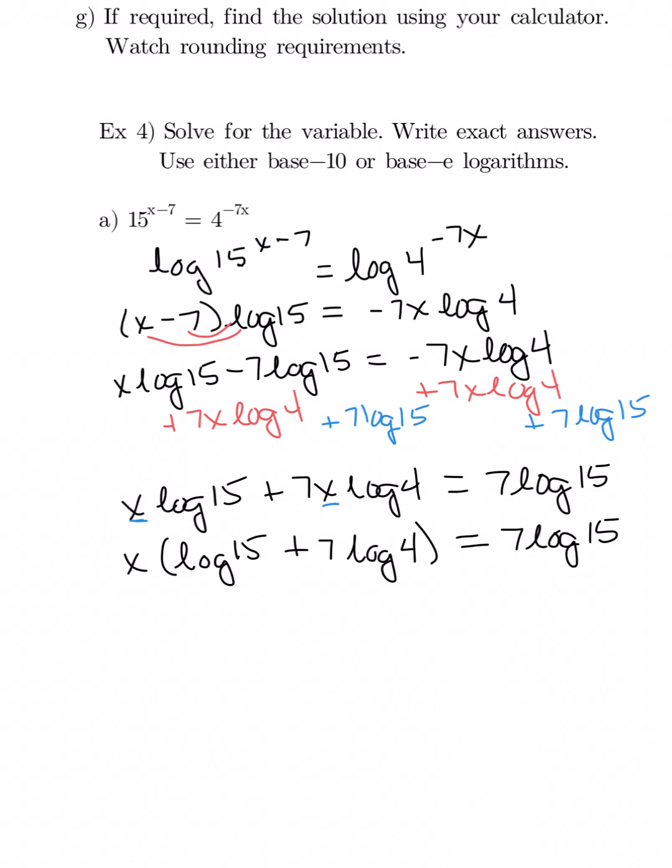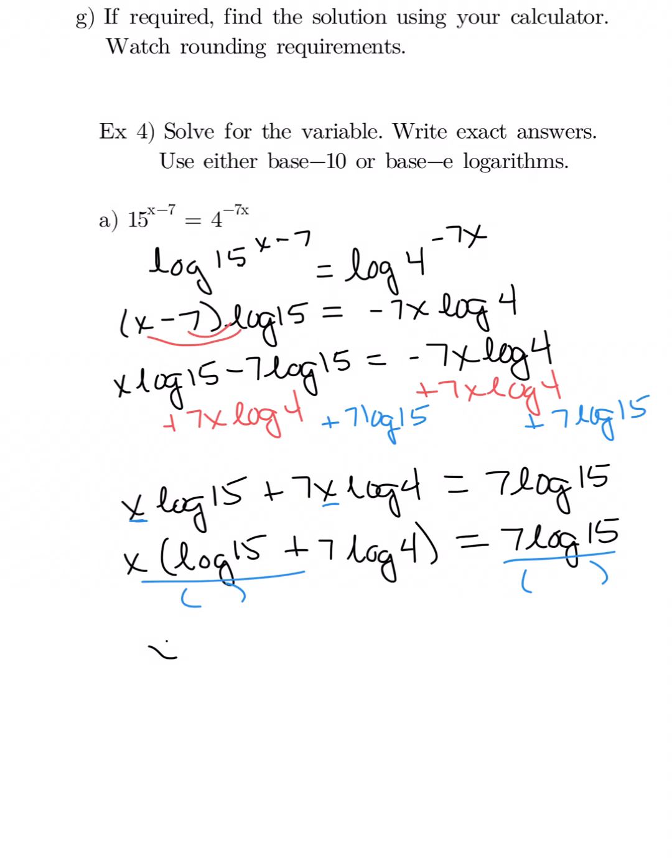My whole goal is to solve this for x. Right now, I have x times that quantity on the left. So in order to get the x by itself, we're going to divide both sides by that quantity.